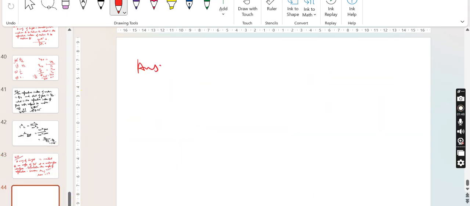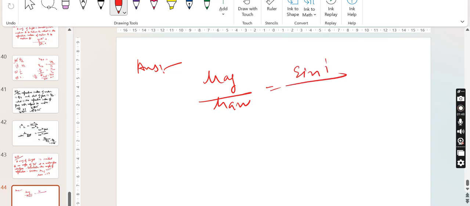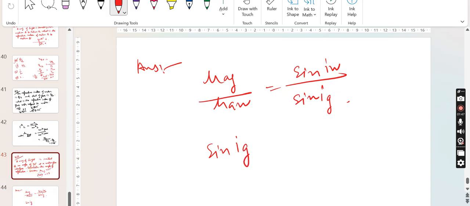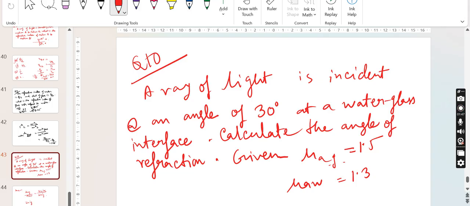So basically we are given two refractive indices. This refractive index is from air to glass, and this is air to water.